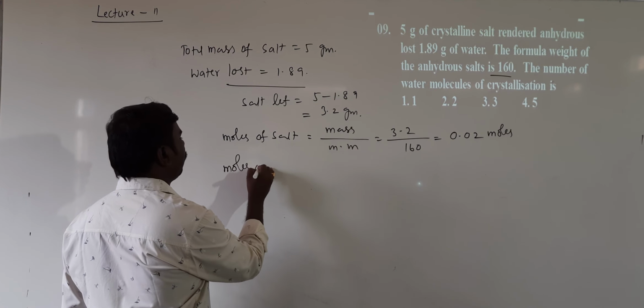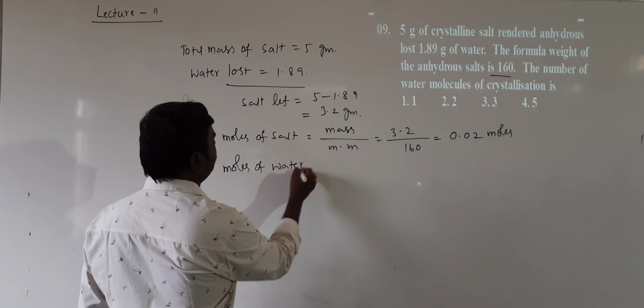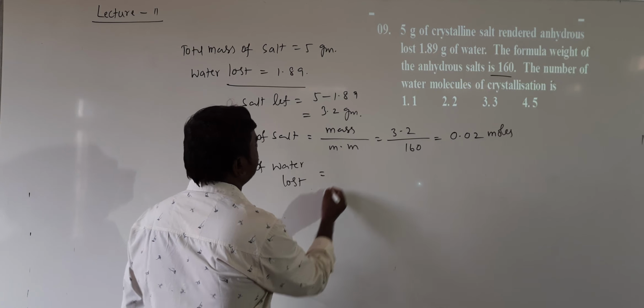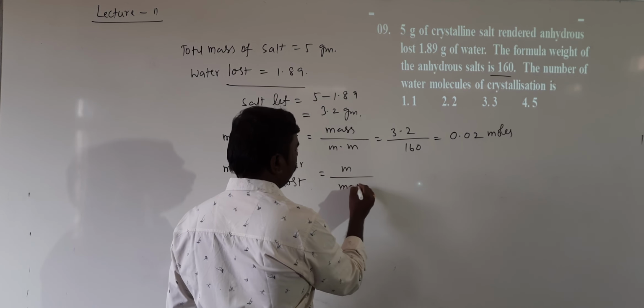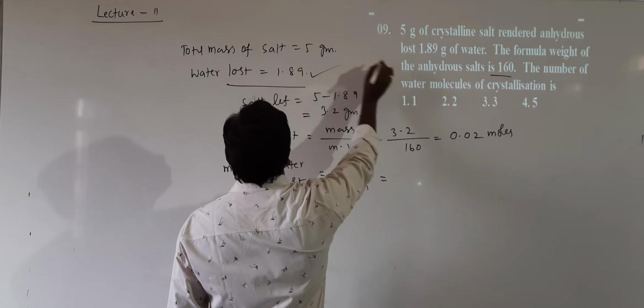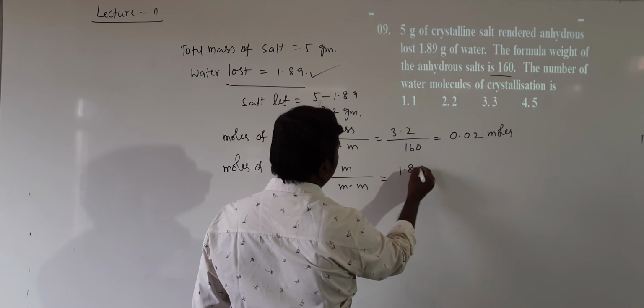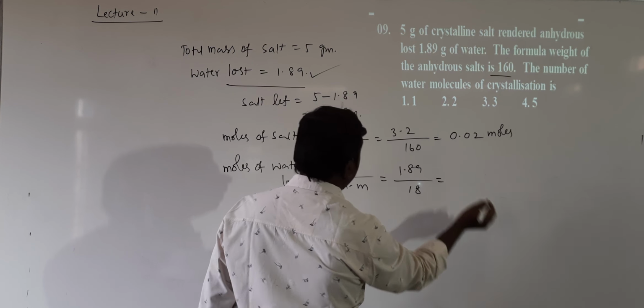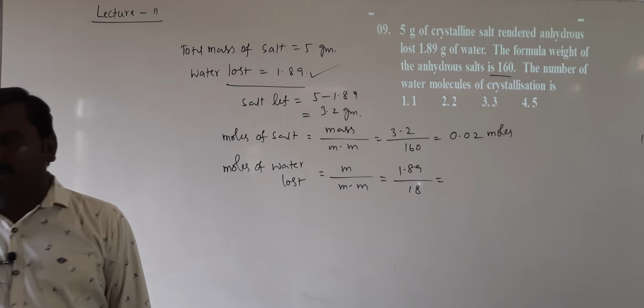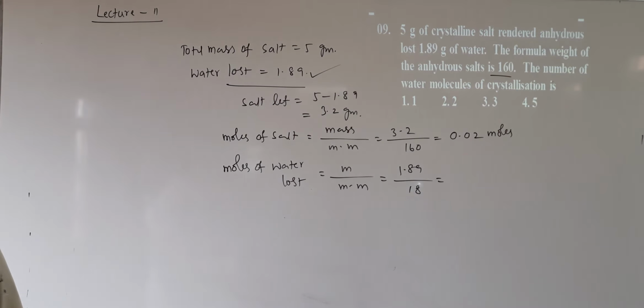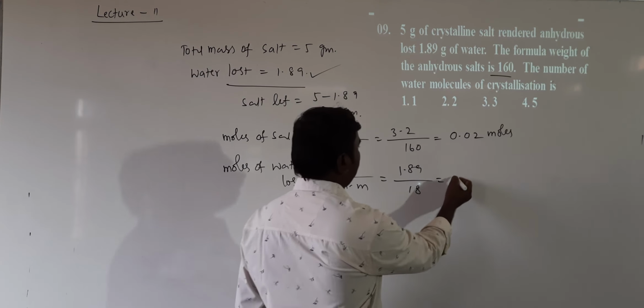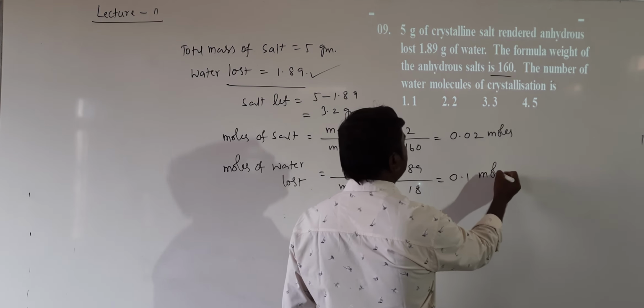Moles of water lost is mass by molar mass. Mass of water lost is 1.89 by 18. On solving this, you will get roughly 0.1 moles.